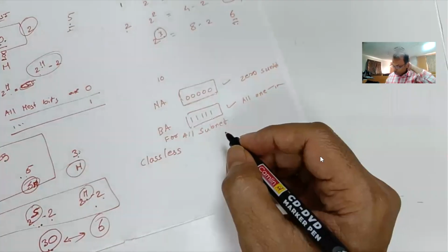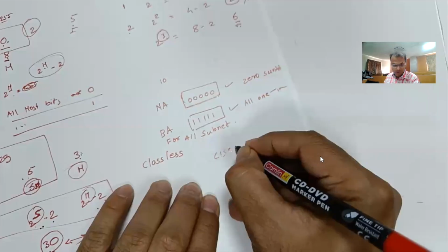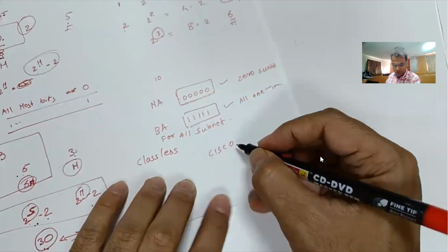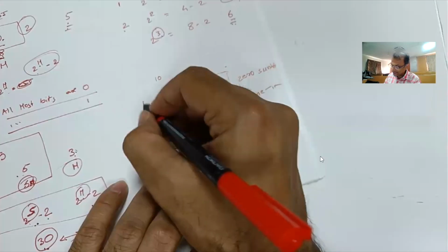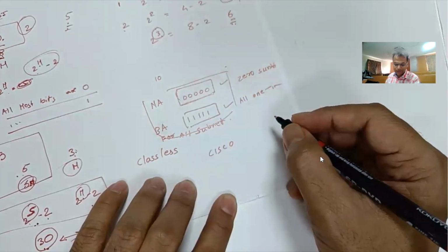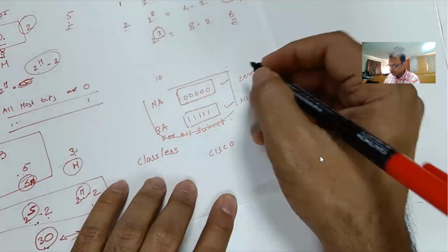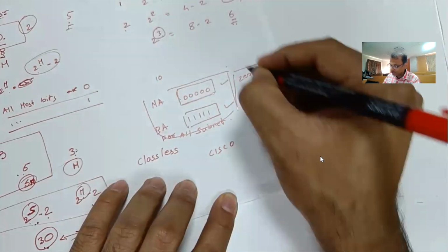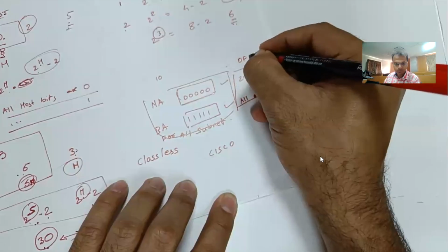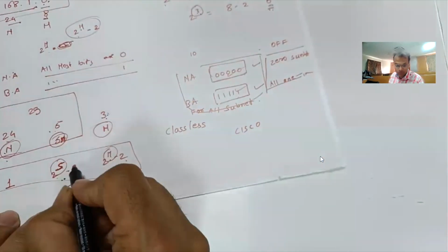If you take a manufacturer like Cisco, they provide this as optional. These 2 things you can switch off so that you can use these subnets also. In that case, you don't have to reduce 2.